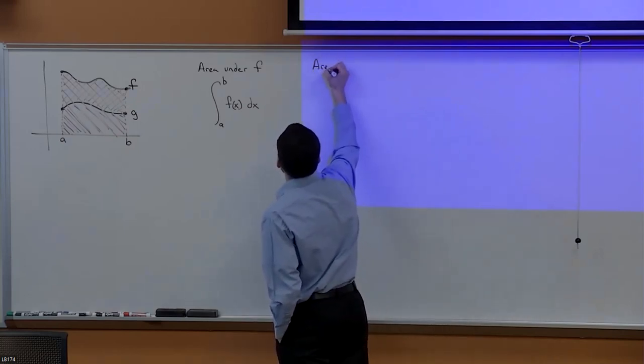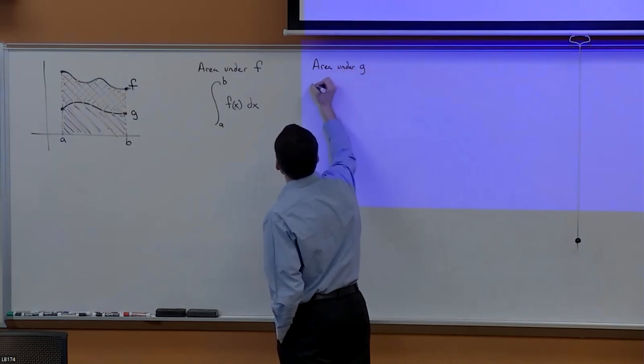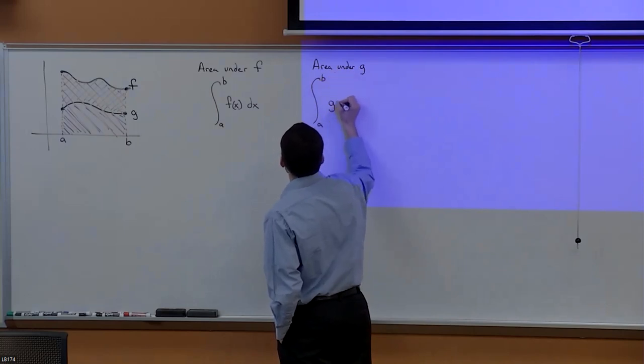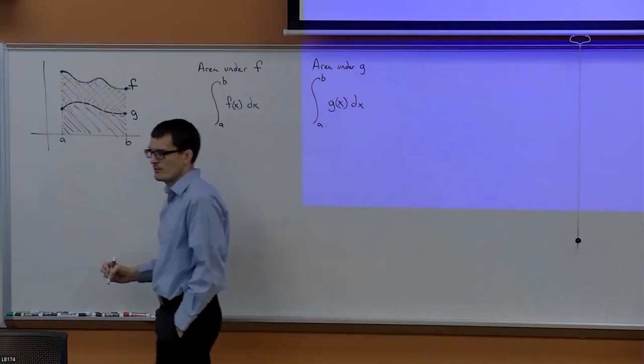Similarly, the area under G can be found by integrating G from A to B.